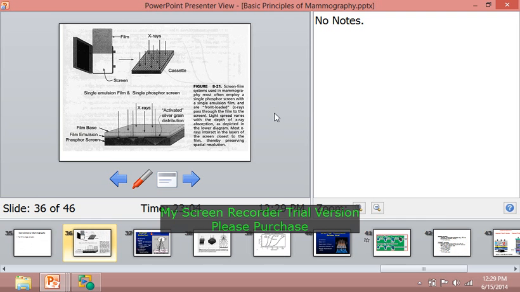The X-ray film is exposed, and it is the same principle as in general radiography. There are silver halide crystals, and the silver halide crystals form the latent image, which needs to be processed, and after processing the final mammography film is ready for visualization.